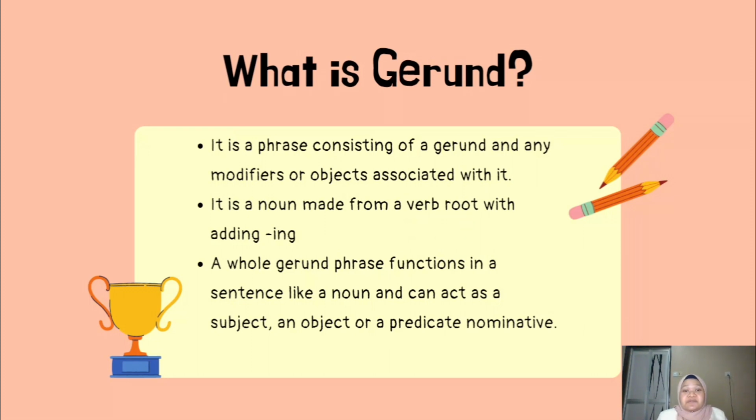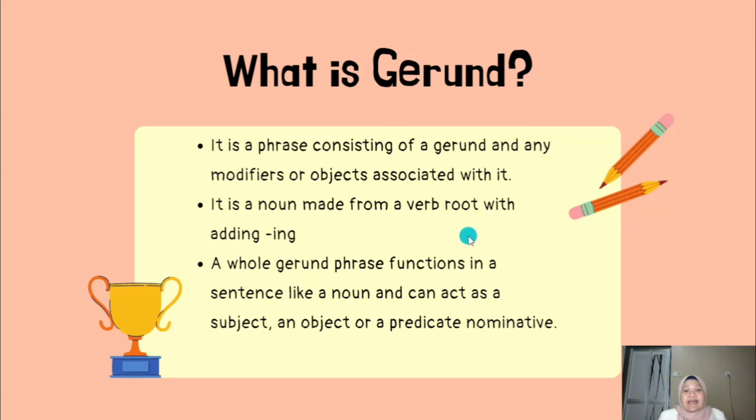So how are you going to change it to a noun? By adding ing, it will become swimming. So that is the noun. I like swimming. I love swimming. Okay? So that is what we call from a verb root. And not only swim, any kind of verb such as walk, run, talk, speak, laugh.